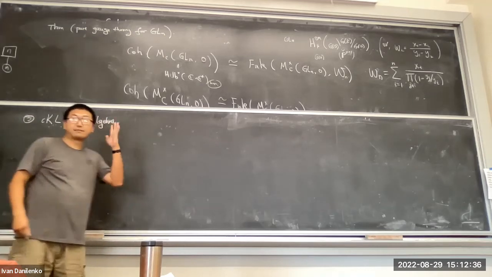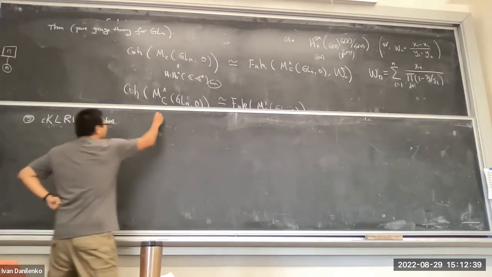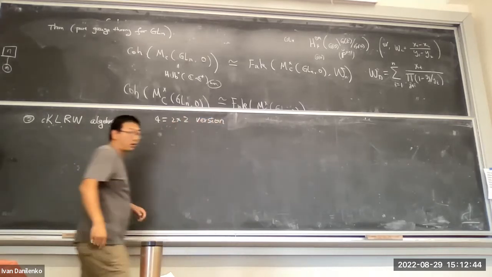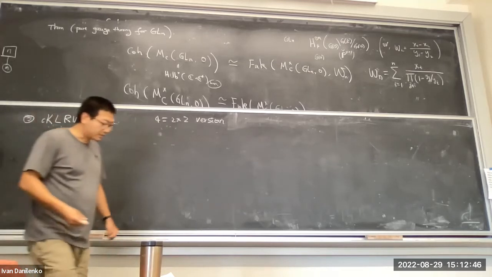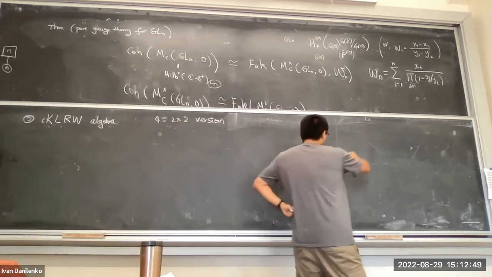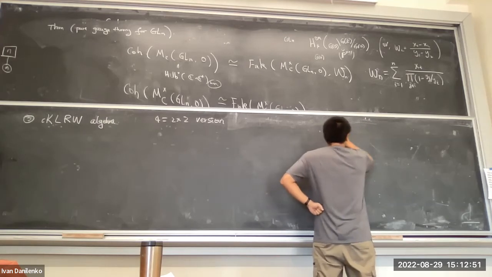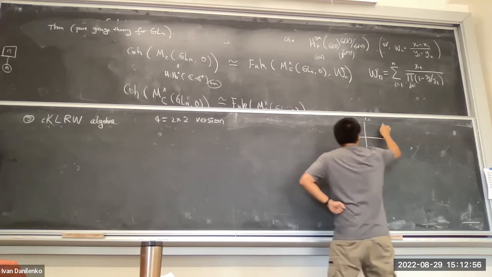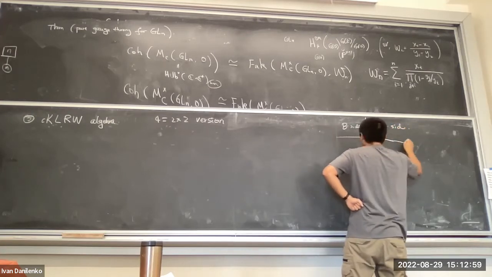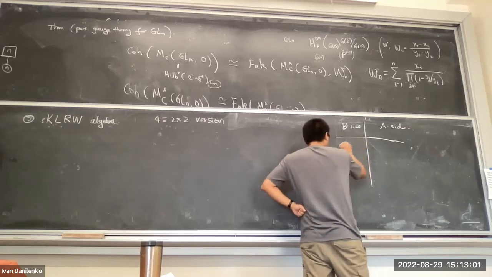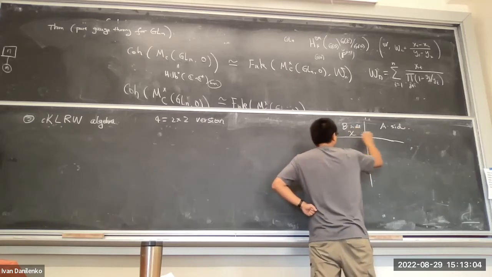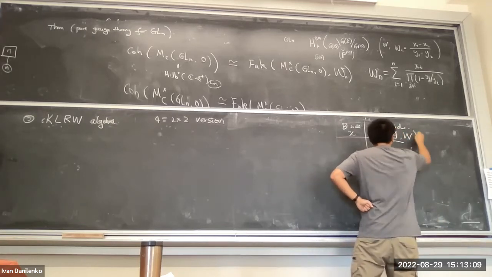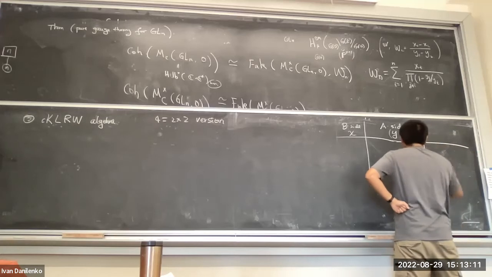Okay, so this algebra has 4 versions. You can think of this as having a B side space, which we call curly X, curly Y, and have a superpotential.